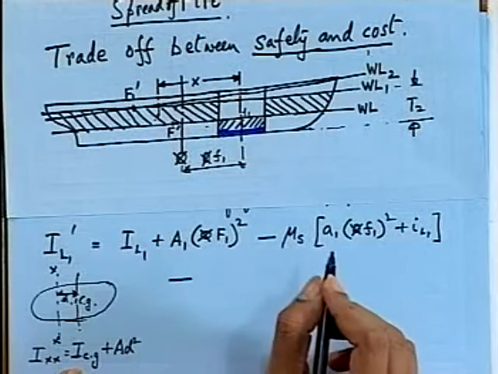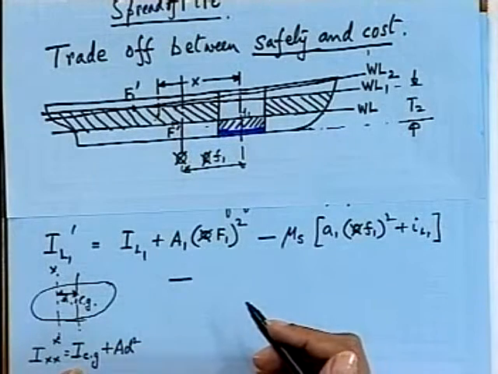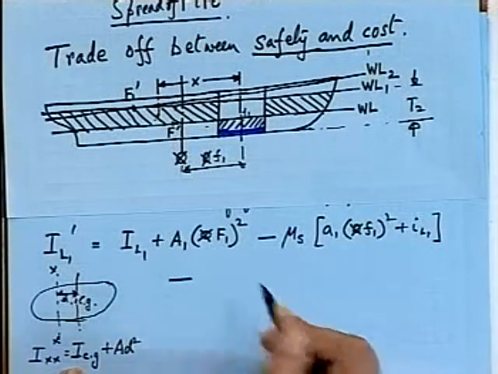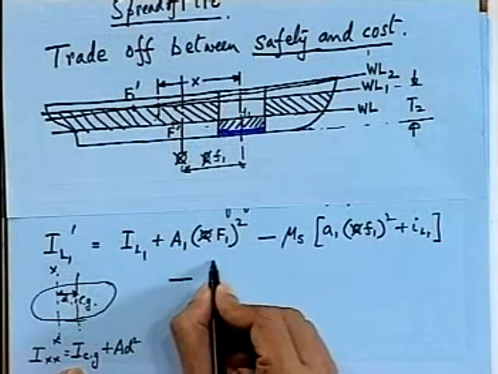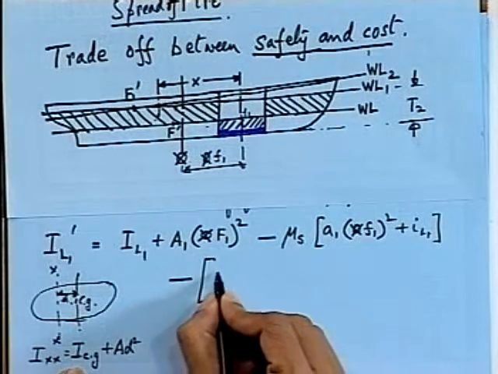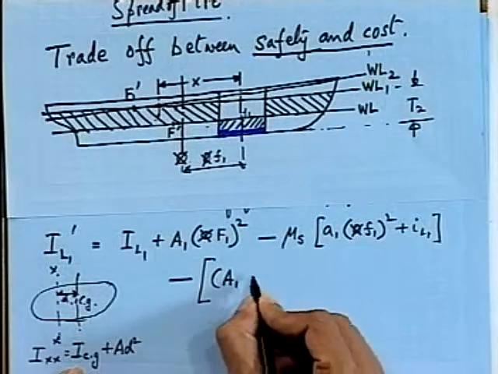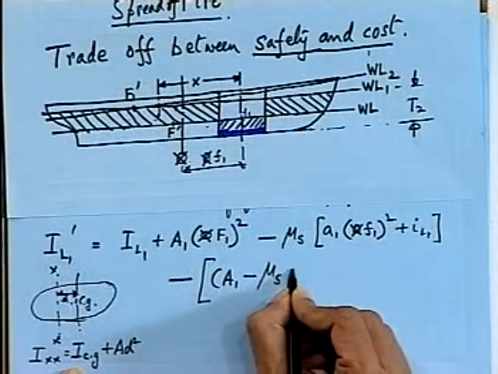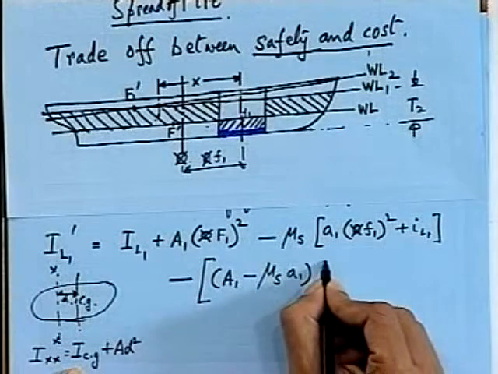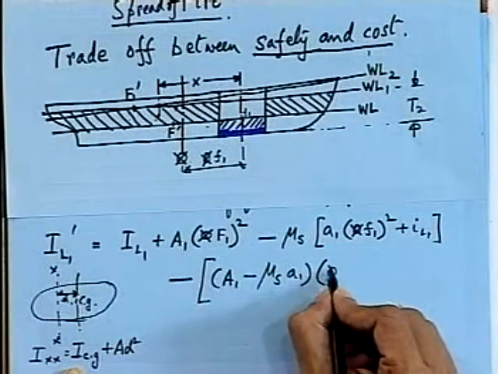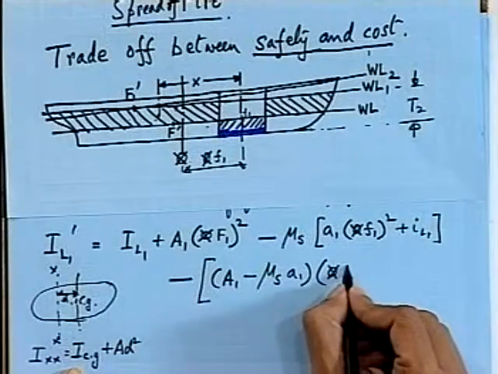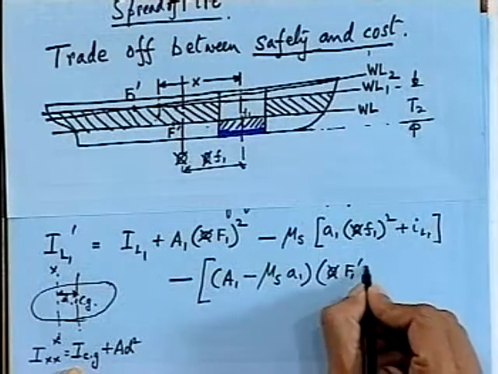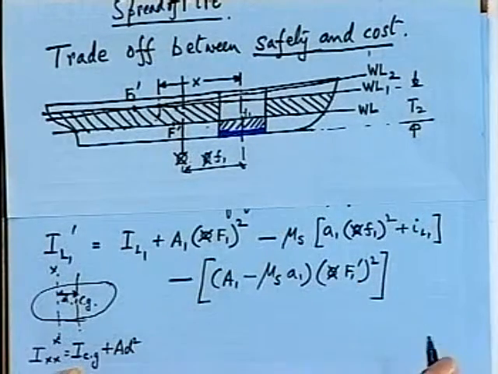ICG, if you want to get, is IXS minus AD square. So this AD square will be A1 minus mu s A1 multiplied by, so this is my damaged moment of inertia at waterline 1.